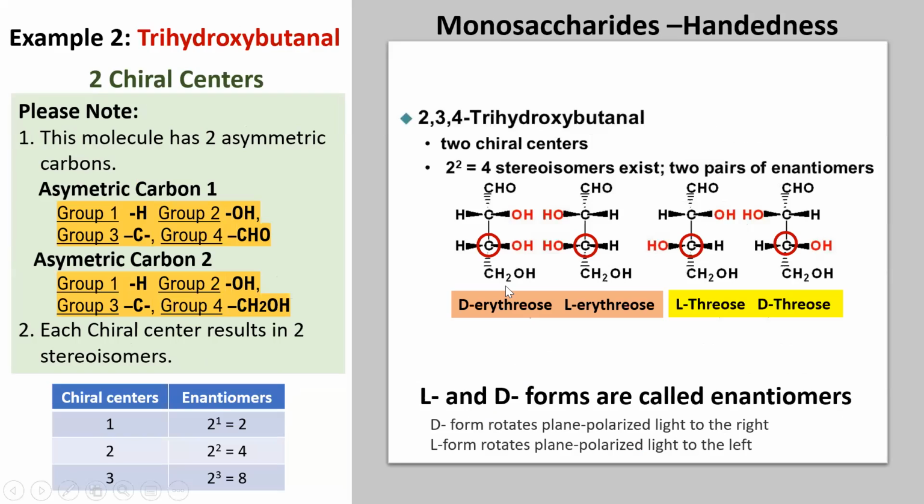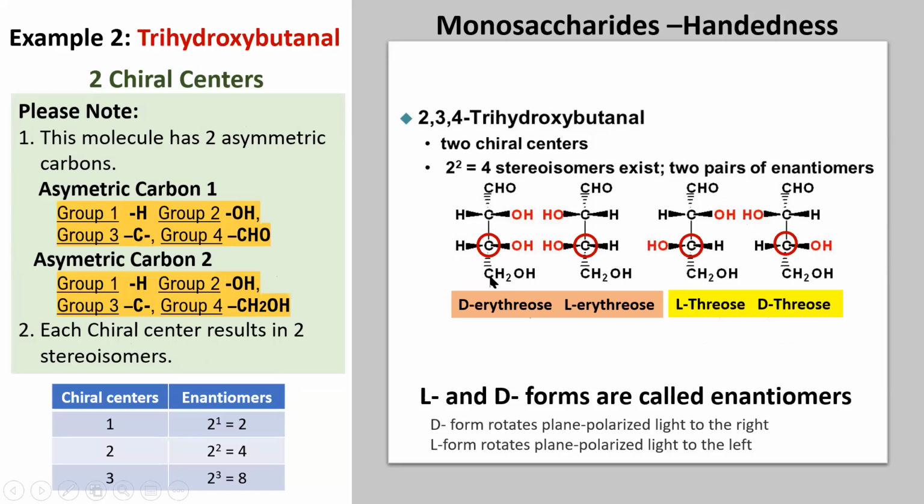Now, I want you all to think and tell me, why does it say there are 2 chiral centers? Because this particular carbon has 4 different things attached to it.